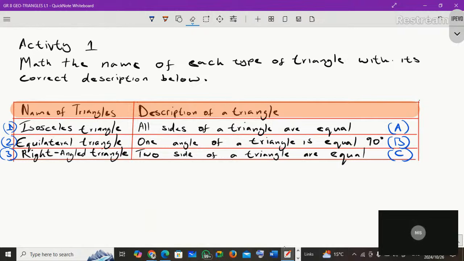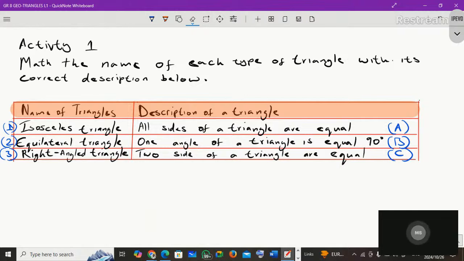Okay, types of triangles. Mistakes students make when dealing with shapes or dealing with triangles is to assume. When they see a triangle, they will assume that this is a right-angled triangle, or this is an isosceles triangle, or this is a what?